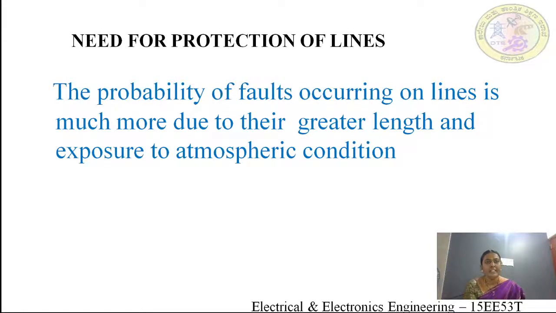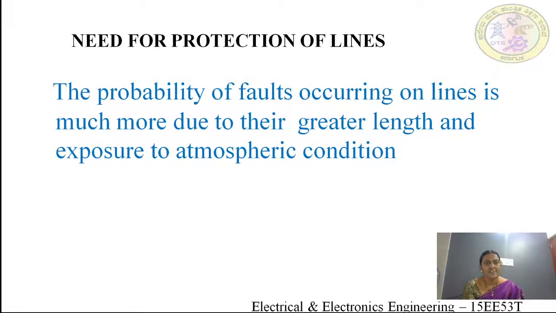Let us see why we need protection of a transmission line. That is because the probability of faults occurring on a line is much higher due to their greater length and exposure to atmospheric conditions. We have to protect a transmission line. For example, consider a transmission line or a distribution line from a generating station to our MUSS, or master unit substation, or from a generating station to a distribution station.